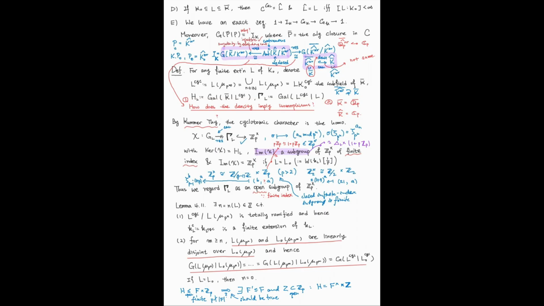Every automorphism sigma is uniquely determined by its action on those finite order roots, by its very definition. So it's clear this is injective. But the key is that the image is a subgroup of finite index. Why is that?